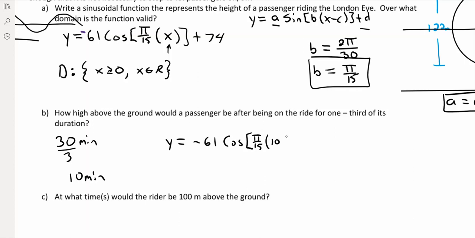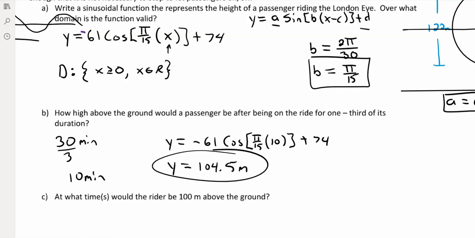That's the point of a function. So 10, and then plus 74. So we get y is equal to 104.5 meters. That would be your height at that point, okay?